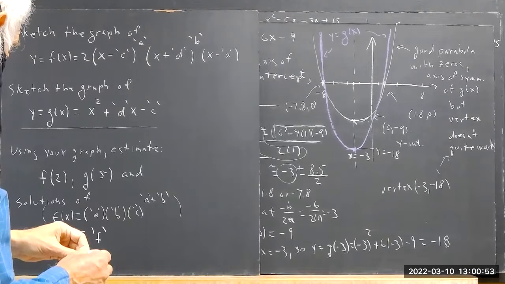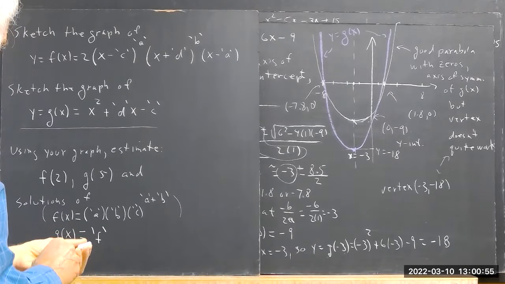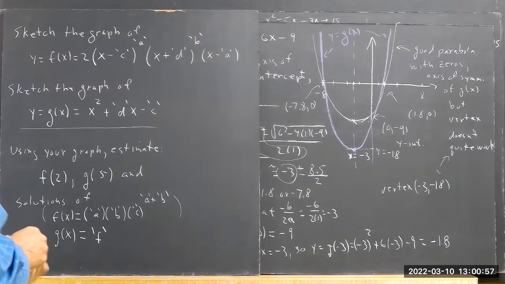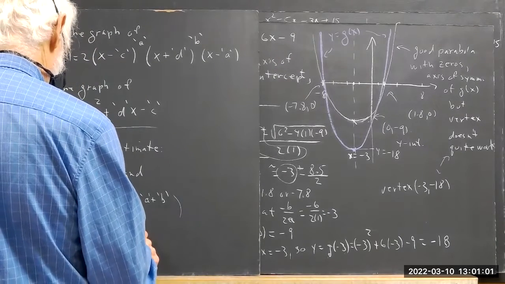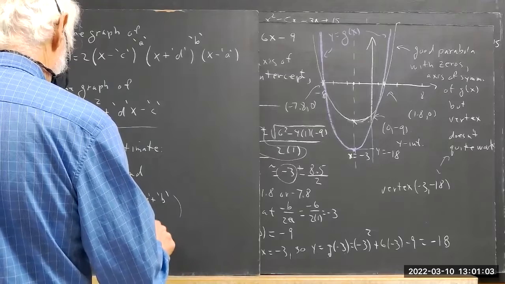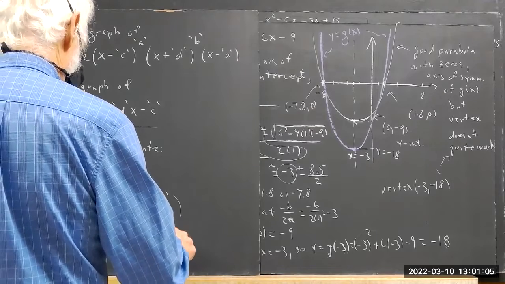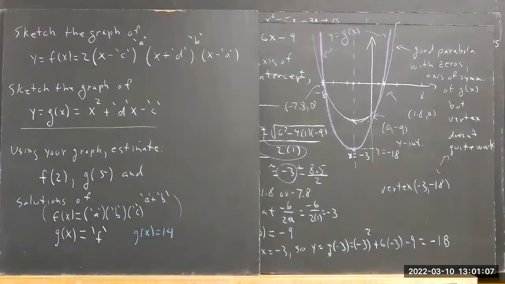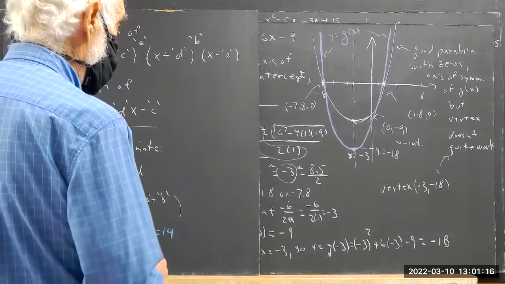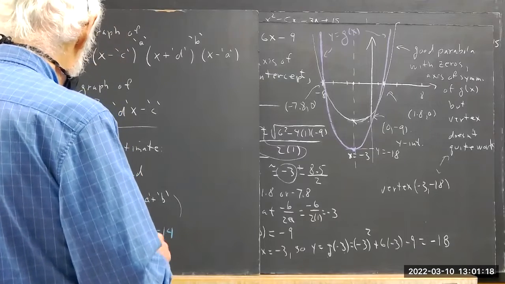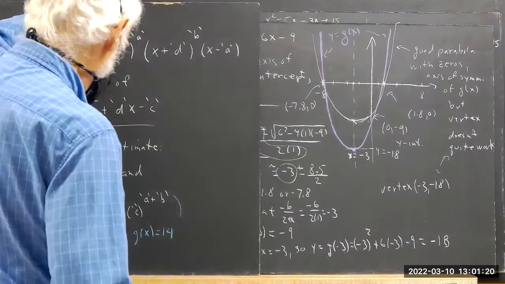Well, let's just say g of x equals 14. That's my f number. And of course, g of 5 is easy enough to consider.